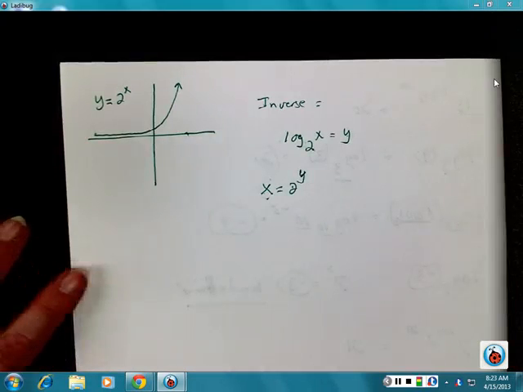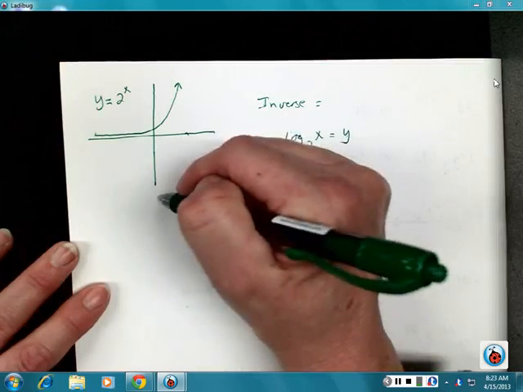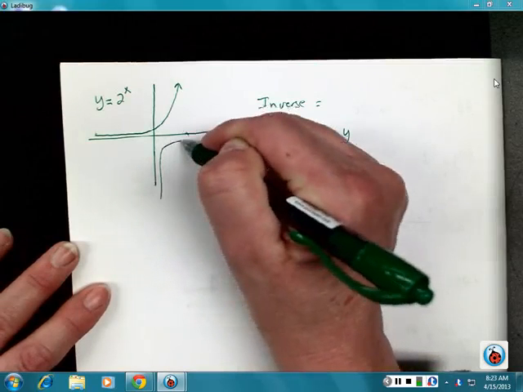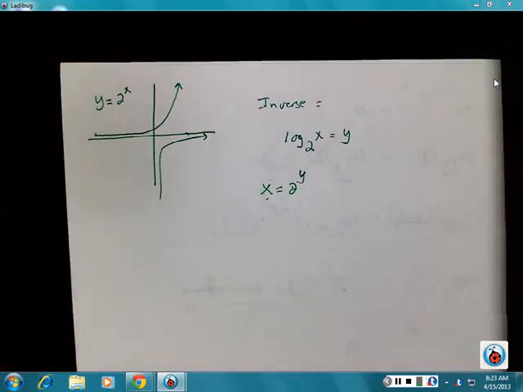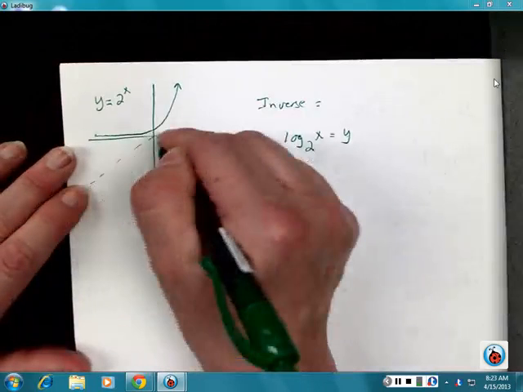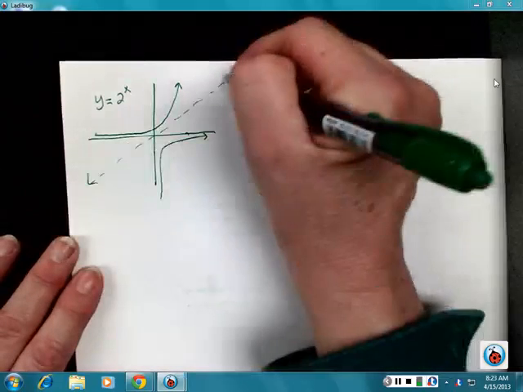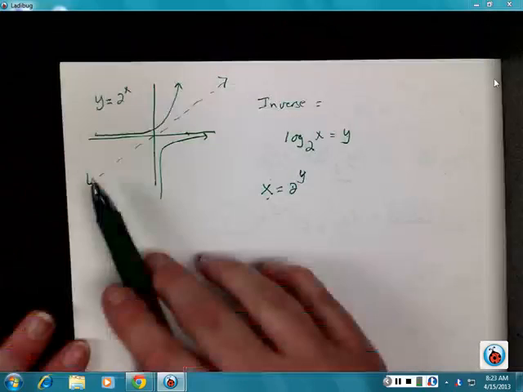Now the thing about these, when you get its inverse, the inverse of this graph is doing something on that order. And what they have in between here is a line, and that's called an asymptote. And again, don't worry about the full-fledged definitions with these, because it's never going to ask you for that.